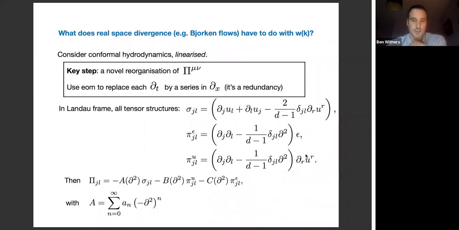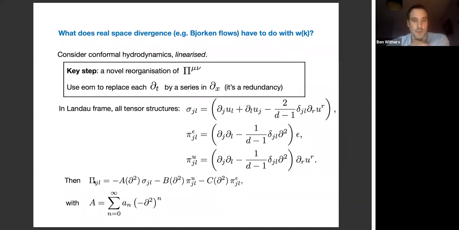Here, velocity is really the spatial part, because again, we're linearizing around equilibrium. So this is a one derivative object, this is a two derivative object, and this is a three derivative object. And these are the only tensor structures you can write down, plus spatial Laplacians acting on them.